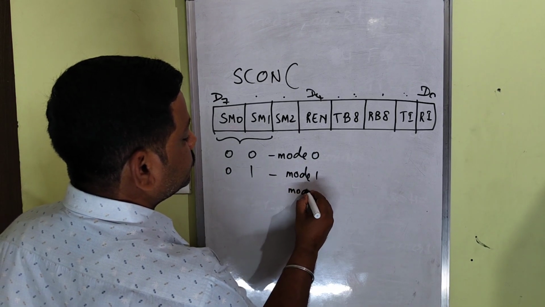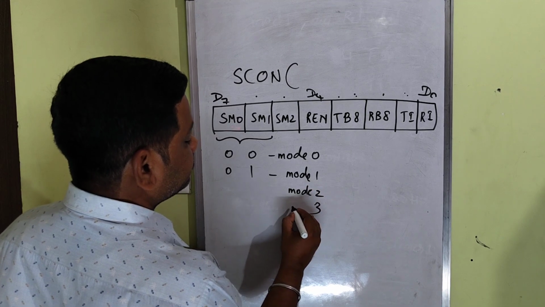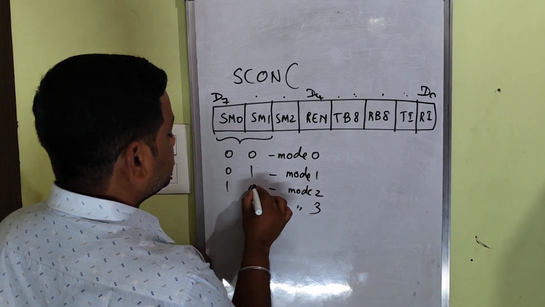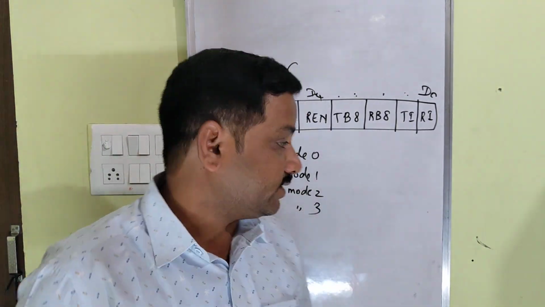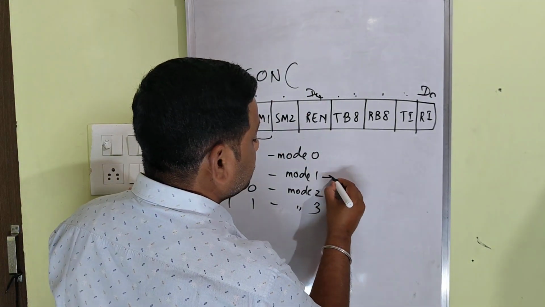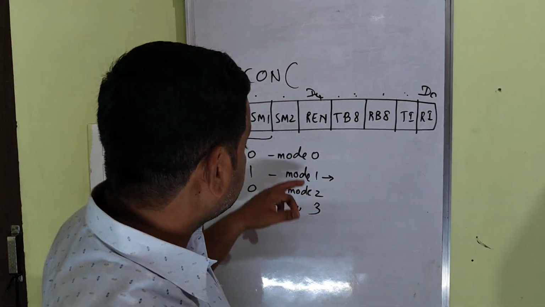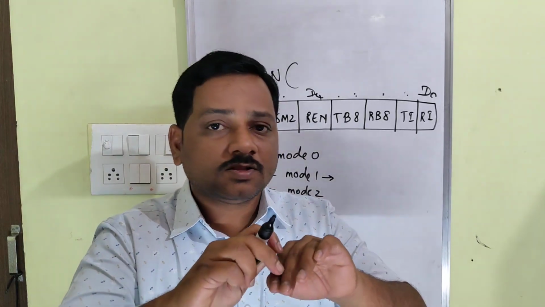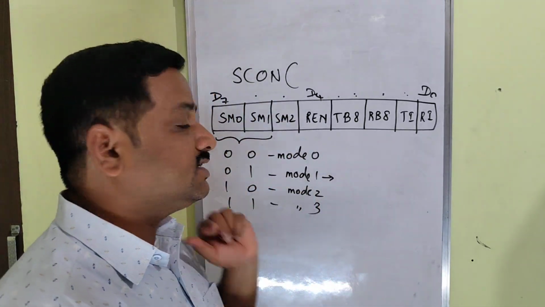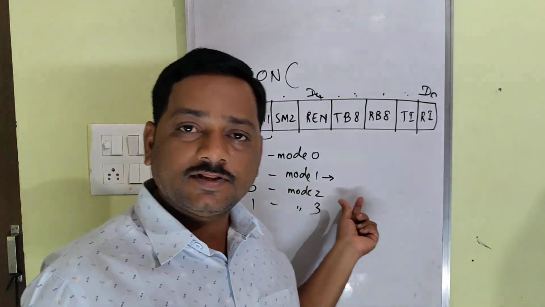Similarly, we have mode 2 and mode 3 with 10 and 11. For the 8051, mode 1 is the important thing we need to understand. Modes 0, 2 and 3 are not used in this 8051, so let us not bother about that. If I select 01 in this, it will select mode 1.